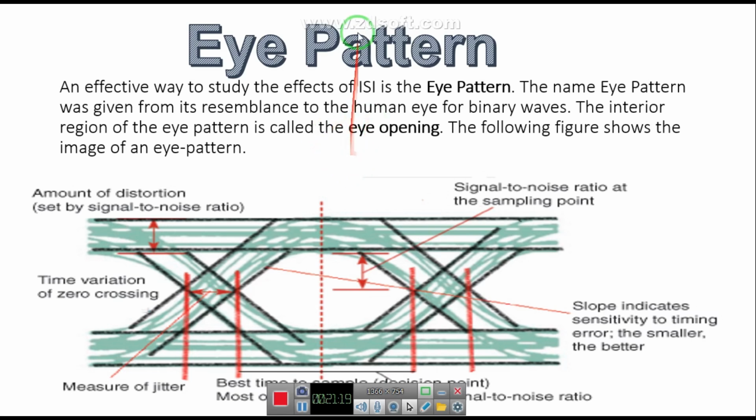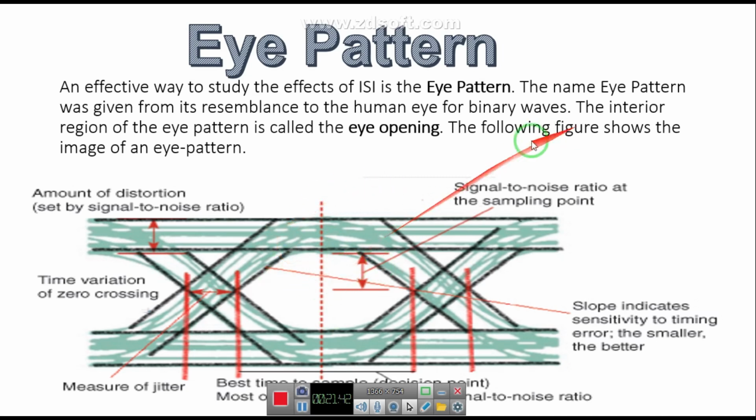Your noise margin over noise. And when the effect of ISI is very severe, the eye is what? Completely closed, and it is impossible to avoid errors due to the combined presence of ISI and noise in the system.